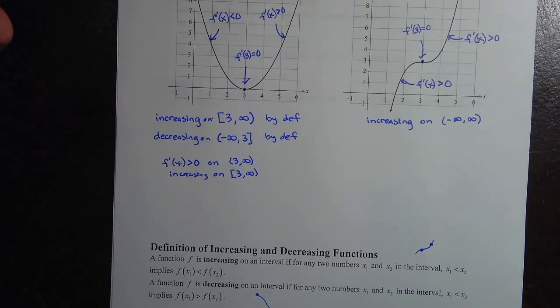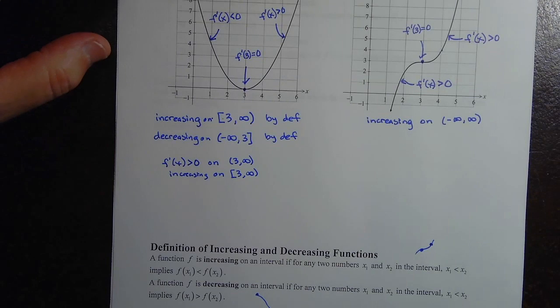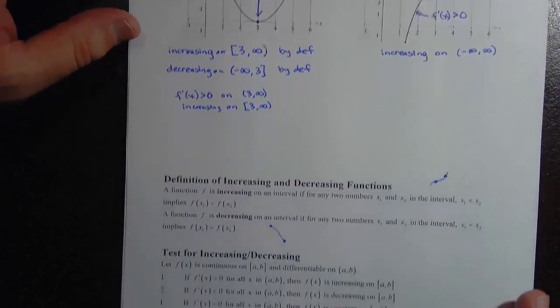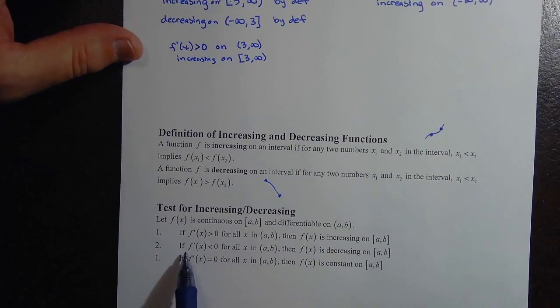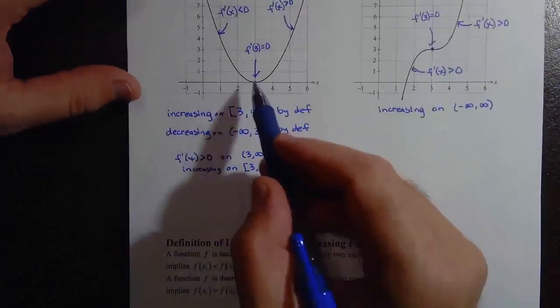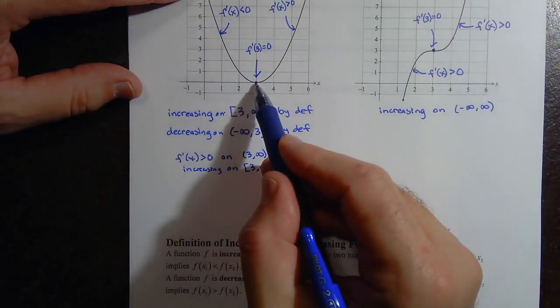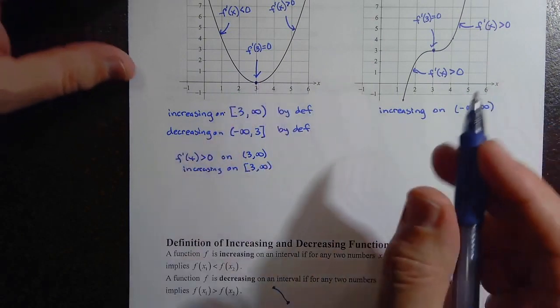Now this isn't necessarily true if it's not continuous and differentiable, okay? All right? And then if the derivative is negative for all x in a to b, then f of x is decreasing on the closed. So the derivative is negative all the way from negative infinity up to 3, but not including 3, but then we would say it's decreasing, okay?